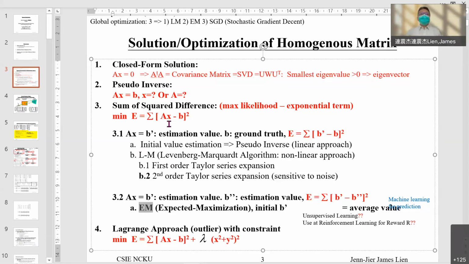Usually the data is not so big because the parameters in machine learning are much fewer than in deep learning. Deep learning has a huge number of unknown parameters, million or 10 million parameters. It's not easy to use LM or EM, so they use gradient descent.